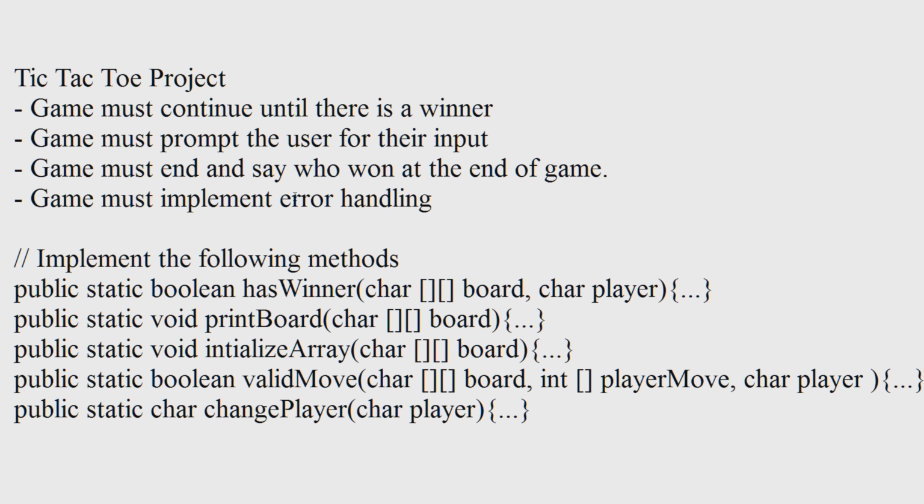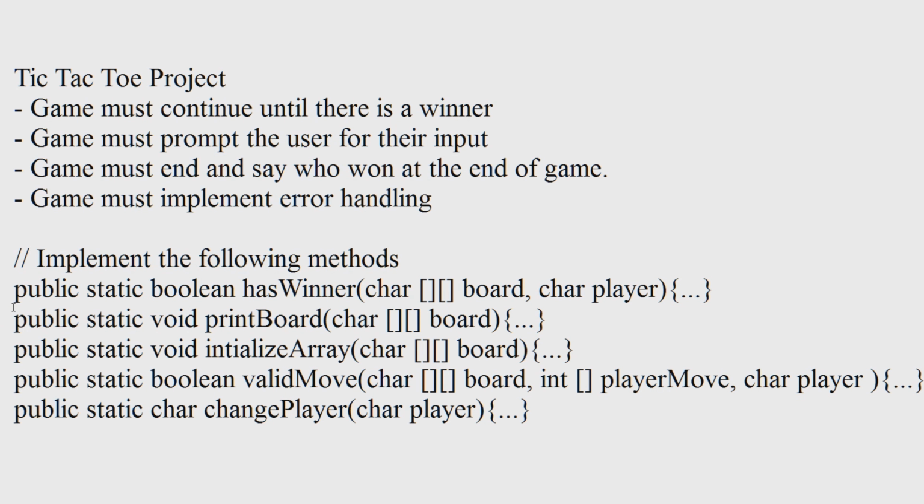Another error would be if there's already a piece there. If player X already put his piece there, player O can't put his piece on top of player X. So that's another error. Keep those in mind.